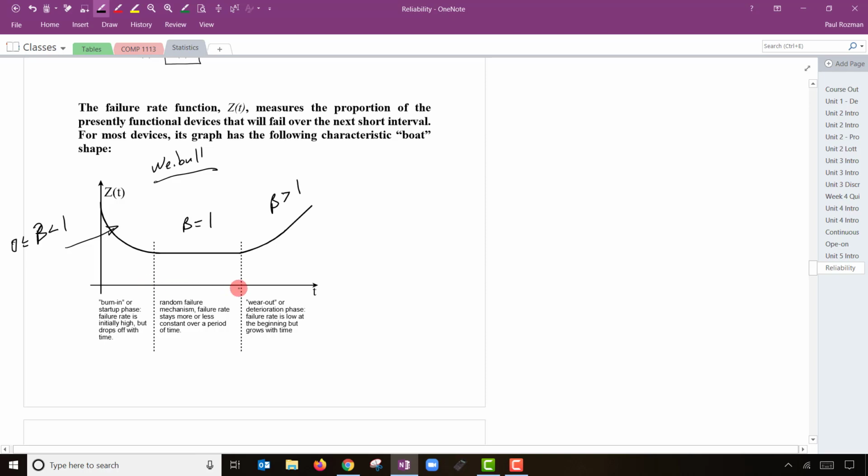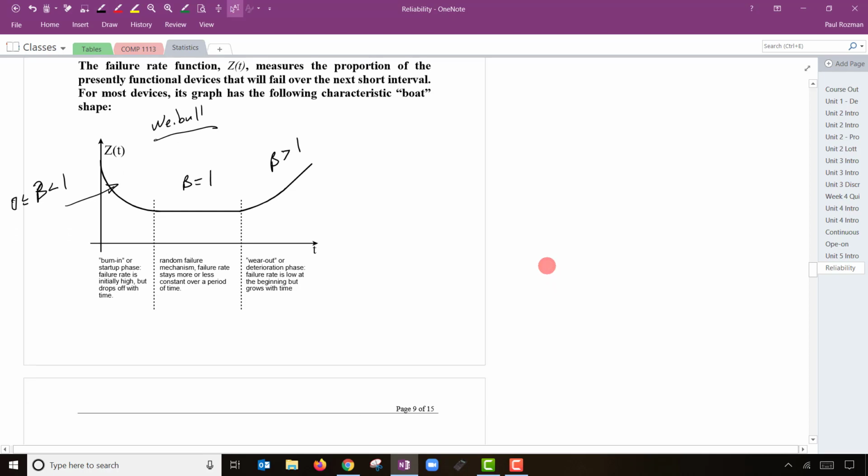So we can model an entire product's life using the Weibull distribution in many instances. To come up with the parameters alpha and beta, now that's the hard part, the real life part. In a math course, we just say, oh, suppose a product has parameters alpha equals 6 and beta equals 1/2, and now we do all our calculations. But they never really go into how they come up with those values.